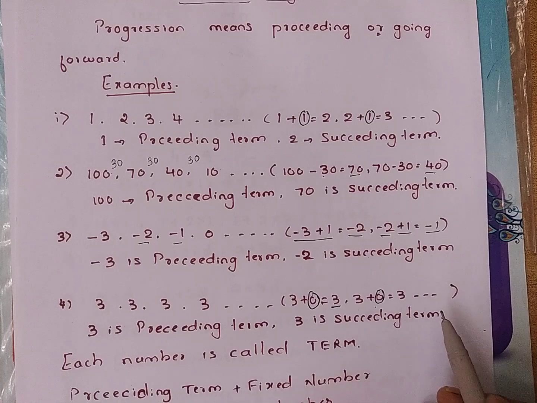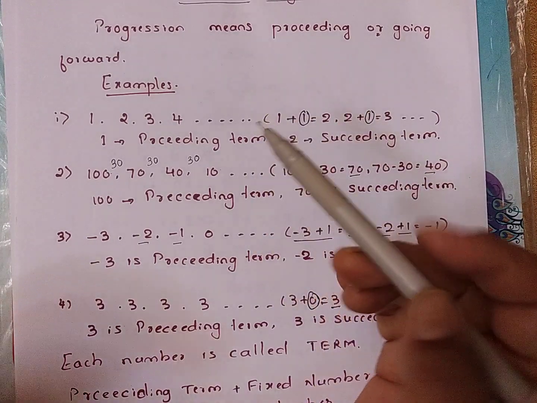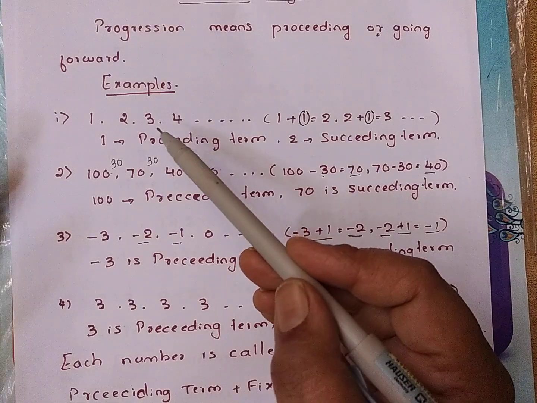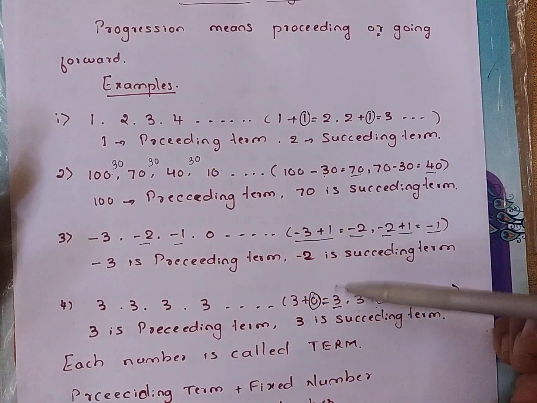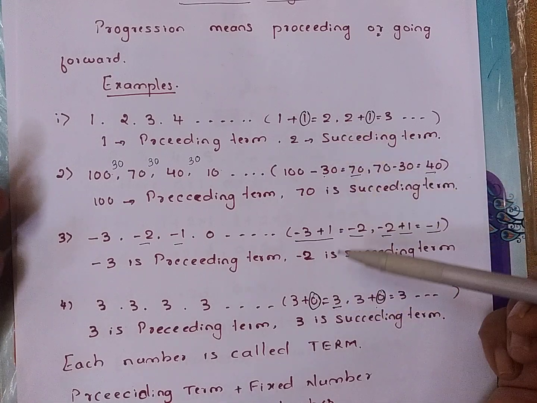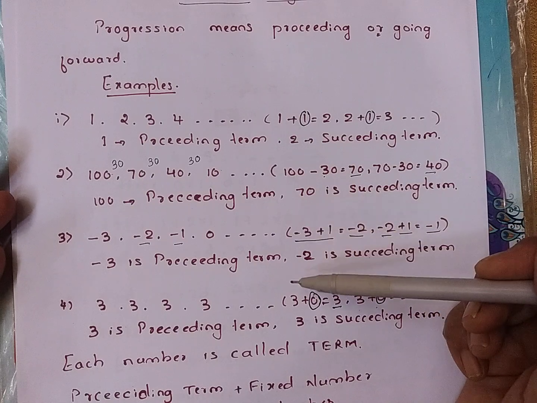By observing these patterns, what you have observed is that the difference between the numbers is the same, equal. Such a sequence or pattern of numbers is called a progression, or arithmetic progression.